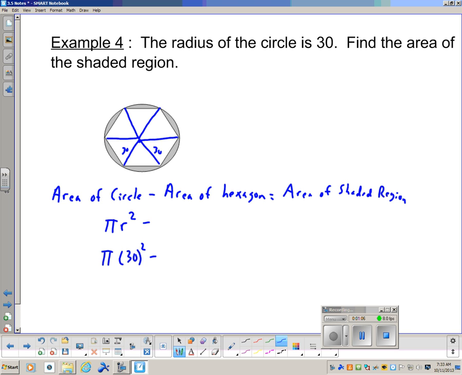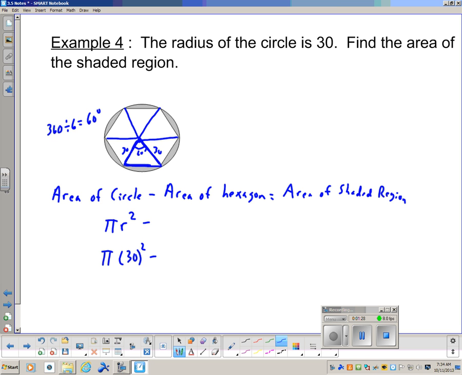To do that, we're going to go ahead and look at one of these triangles right here. I'm just going to pick this one right here. And they're all the same. So if I want to find this angle in there, remember 360 divided by 6 ends up giving us 60 degrees. So that angle in there is 60 degrees.